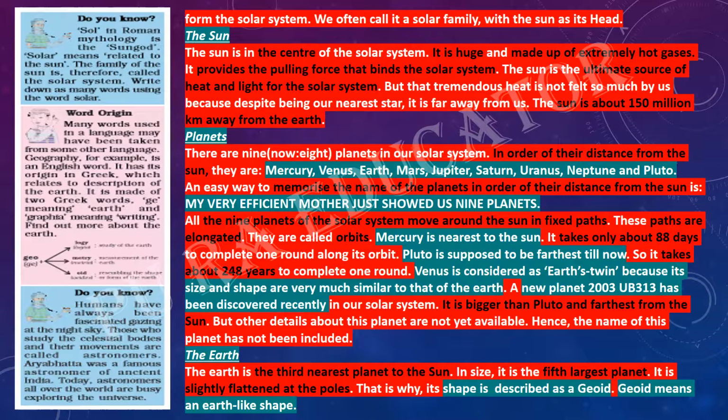Those who study the celestial bodies and their movements are called astronomers. Aryabhatta was a famous astronomer of ancient India. Now we'll go to the other slide and see the facts and figures which are important for us. Now let's see it.